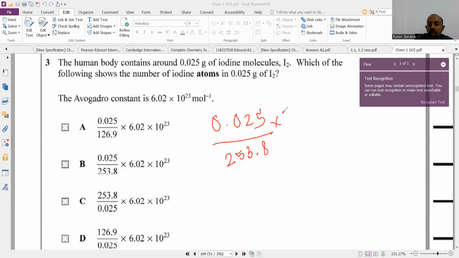Here you have into 2 and into Avogadro's number. But I can make it easier rather than writing this. 126.9 into 2. So this 2 and this 2 will be cancelled out. So I can clearly see the answer.